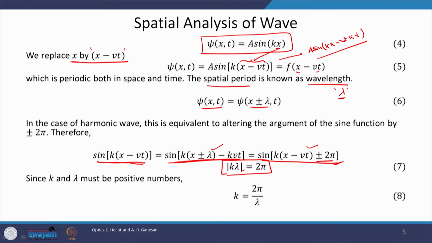Therefore, we can safely remove this mod and write k as 2 pi by lambda. Lambda has the dimension of length, therefore k has the dimension of inverse of a length, which is aligned with the initial definition of k. And this k is called wave number.